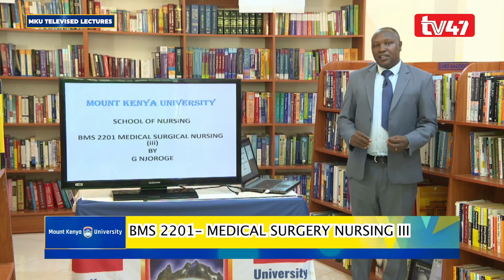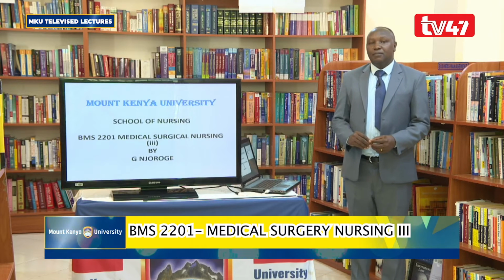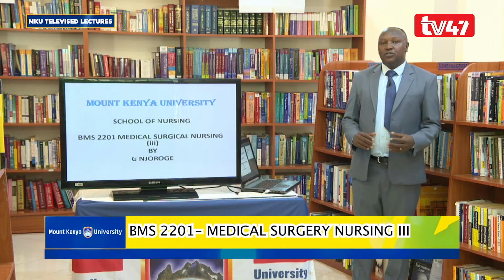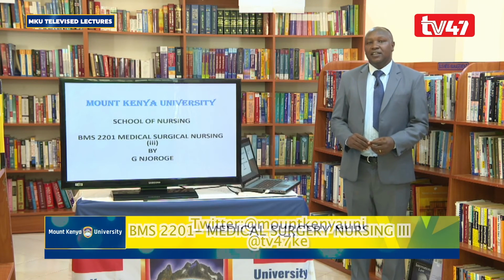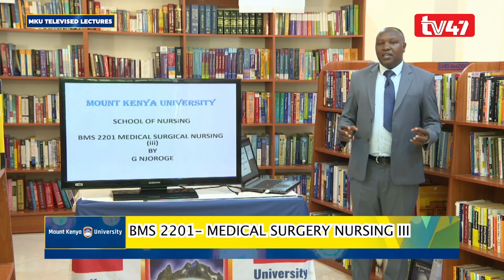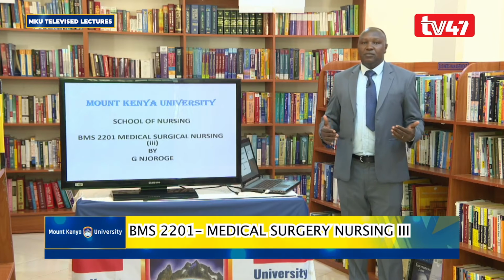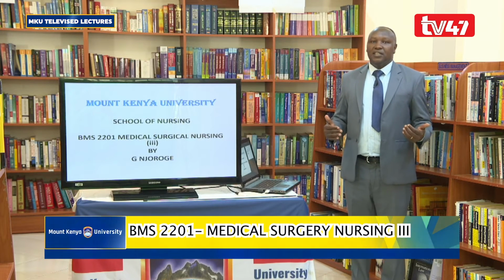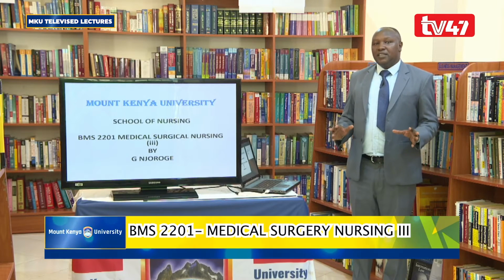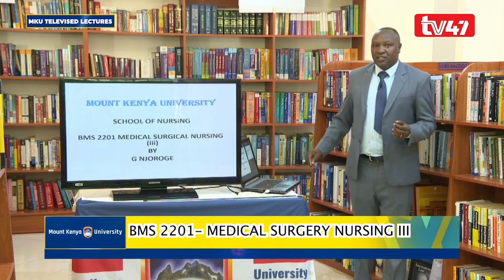The key areas that we shall discuss are dislocation and subluxation. We shall also talk about fractures and amputations. The key thing here is we want to know, when patients have these problems, how we are going to manage them in the hospitals.